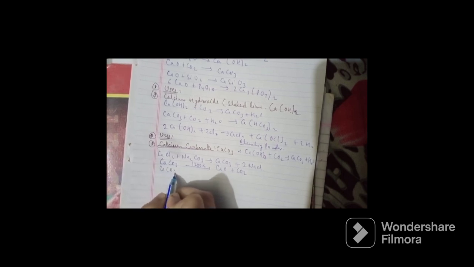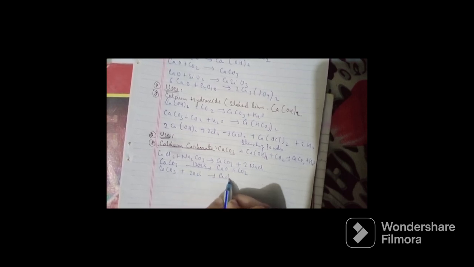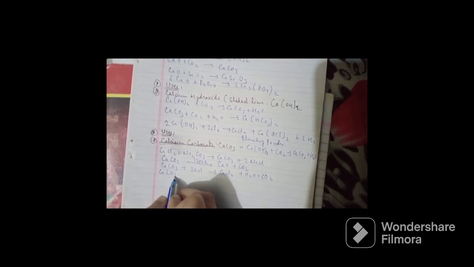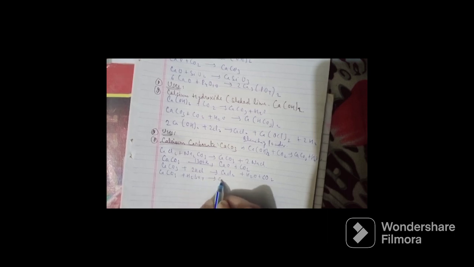It reacts with dilute acid to liberate carbon dioxide. CaCO3 plus 2HCl gives CaCl2 plus H2O plus CO2. CaCO3 plus H2SO4 gives CaSO4 plus H2O plus CO2.